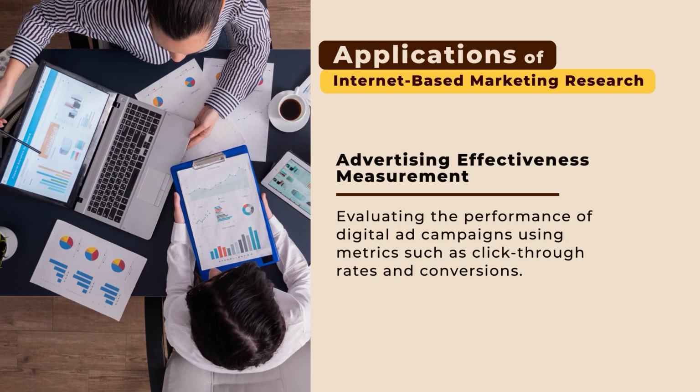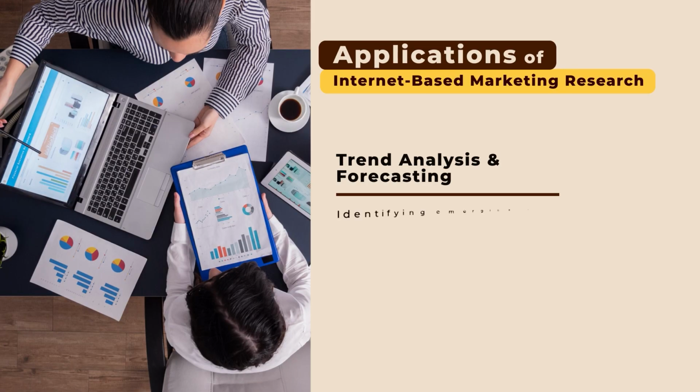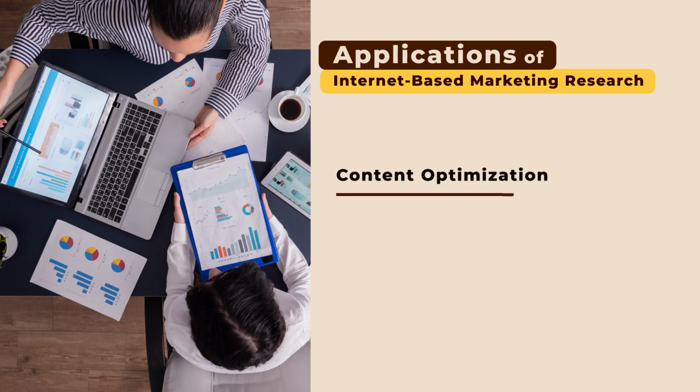So, using the metrics, you can identify which advertisements are being sincerely watched by the customers, and what the TRP is, as a result of which you can have a better response. So, it is very much required to analyze the trends: trend analysis, forecasting, content optimization.